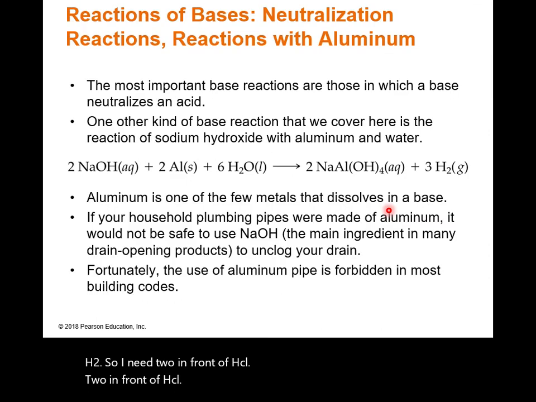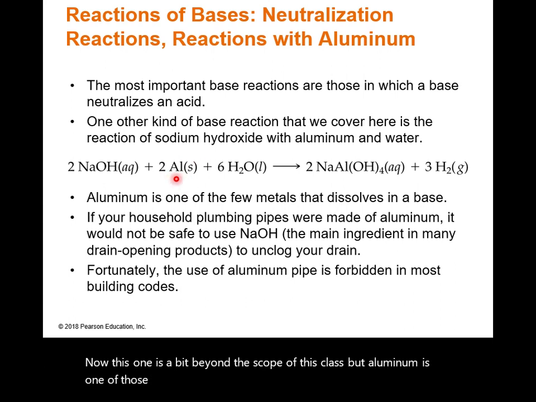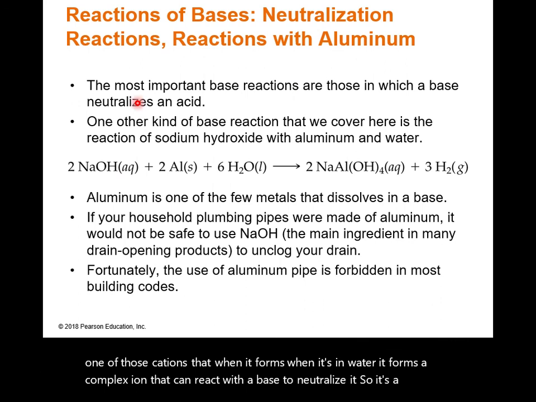Now this one is a bit beyond the scope of this class, but aluminum is one of those cations that when it's in water, it forms a complex ion that can react with a base to neutralize it. So it's a neutralization reaction.